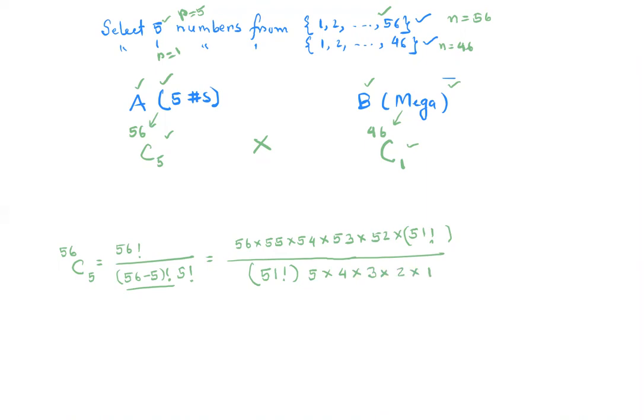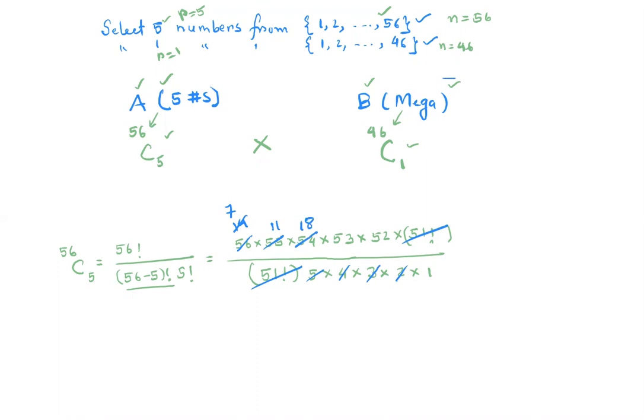Now things are going to cancel out. 51 factorial is going to cancel out. Then there is something easy to cancel here. 5 goes into 55 11 times. 4 goes into 56 14 times. 2 goes into 14 7 times. 3 goes into 54 18 times.